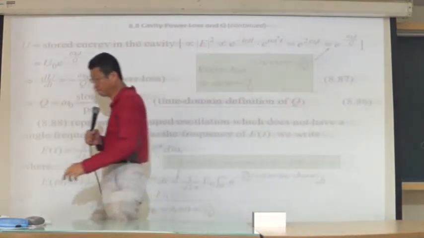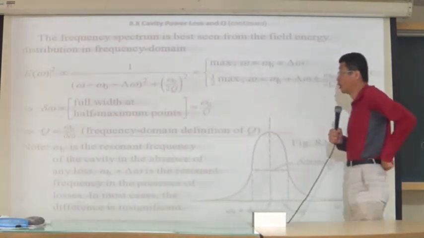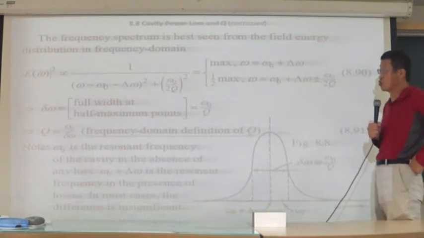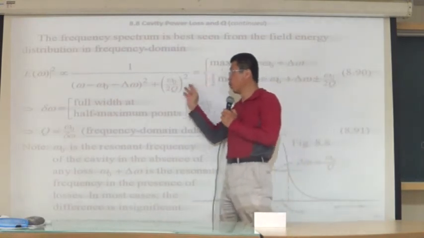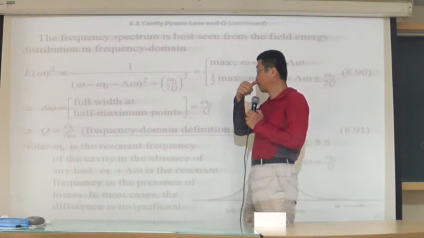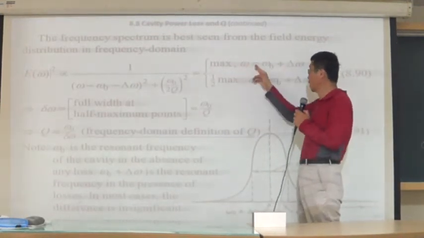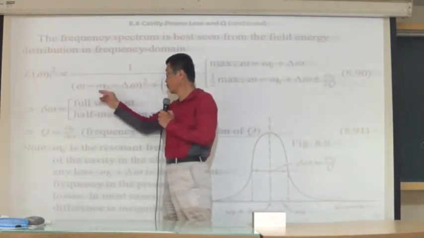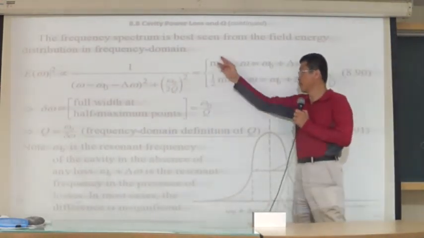And this one, we want to calculate the power of the frequency spectrum, which is best seen from the field energy distribution in the frequency domain. So from the field energy viewpoint, what will happen when omega equals this one? Then we will have the largest value, that's the maximum.